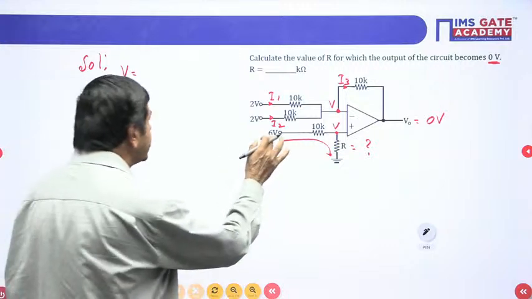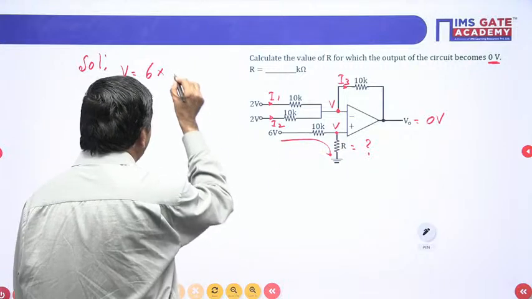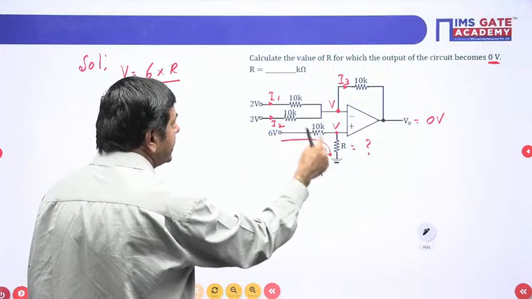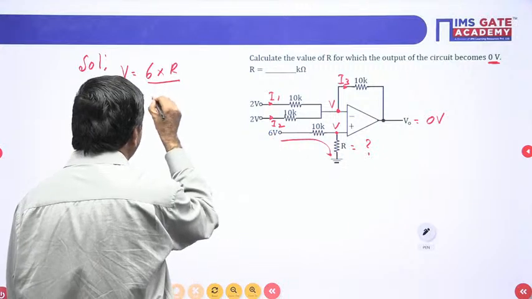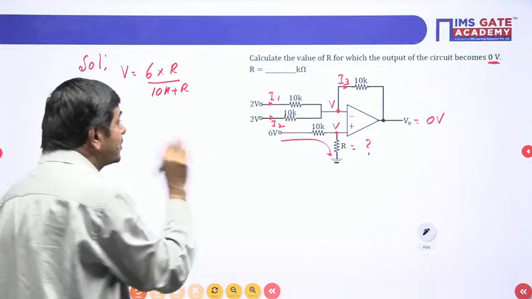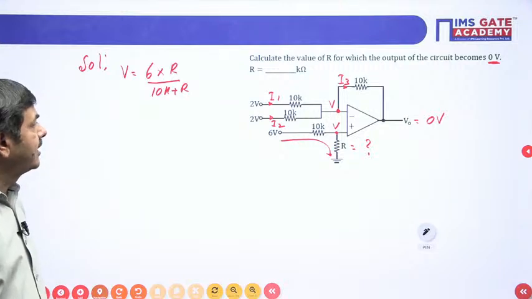V equal to 6 into R by 10K plus R. By using the voltage divider formula, I got this voltage V.